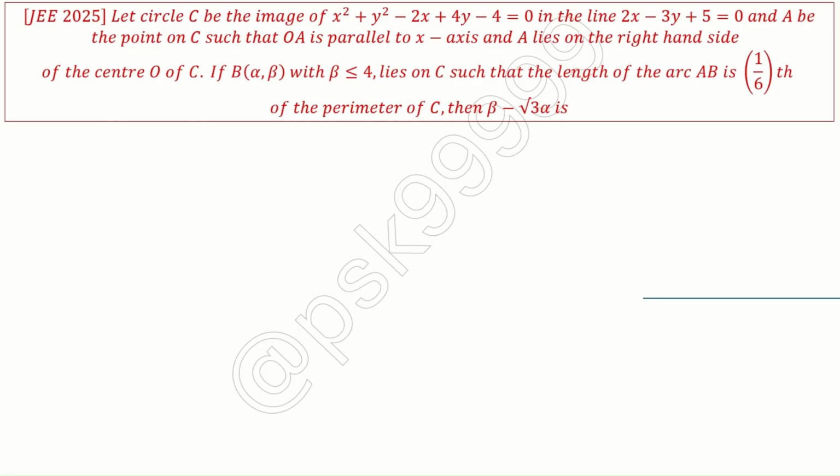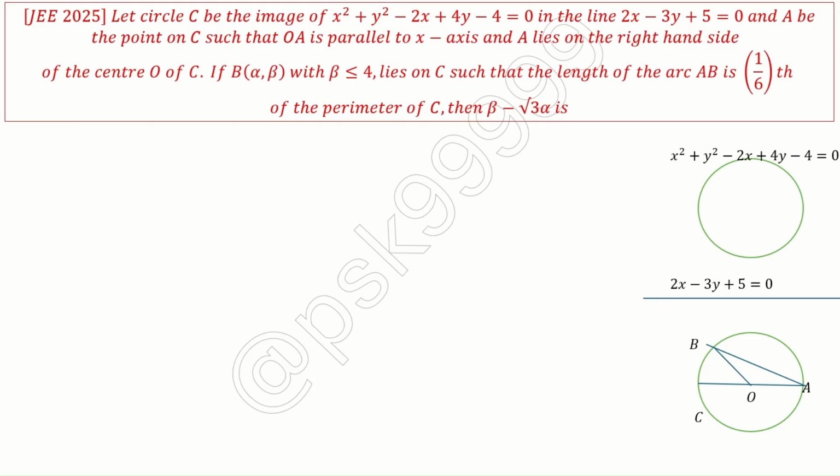The circle C is an image of the circle x square plus y square minus 2x plus 4y minus 4 equals 0, which is the circle. This C is the image of that circle on the line, and everything is on the image, not on the first circle.